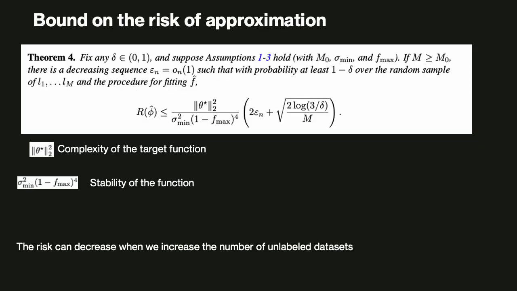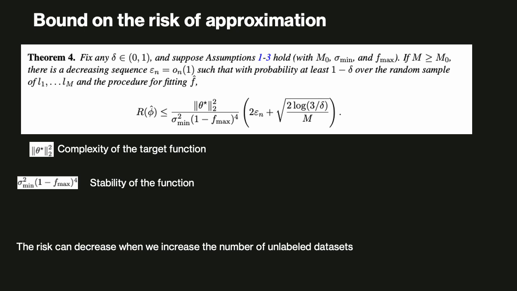And so using the 3 assumptions before, we can actually arrive at this theorem, which provides an upper bound on the risk of the approximation. Here, as you can see, the L2 norm of this theta shows the complexity of the model, and in the denominator we see the stability of the function that we saw in the assumptions.